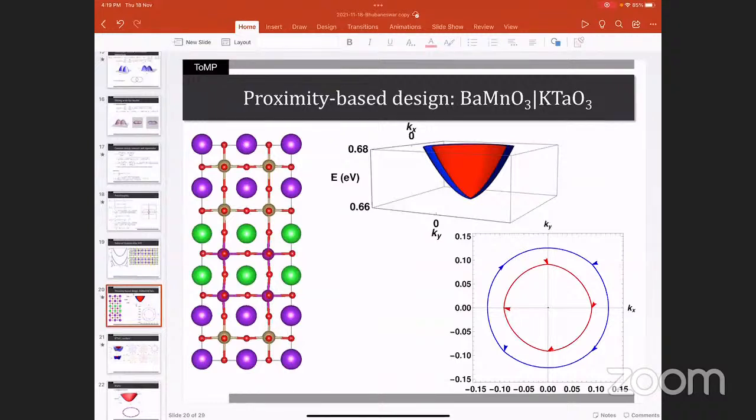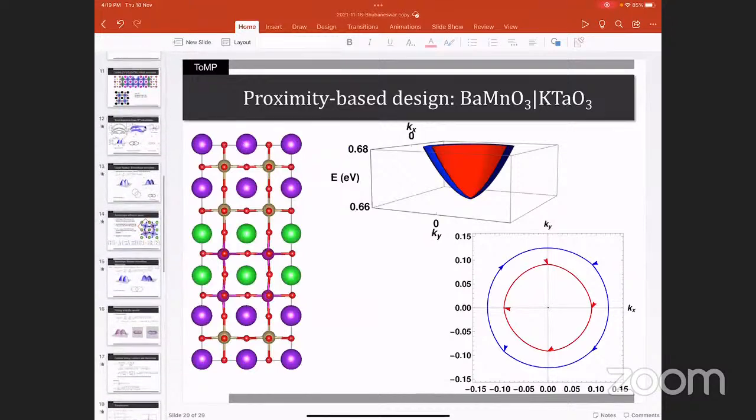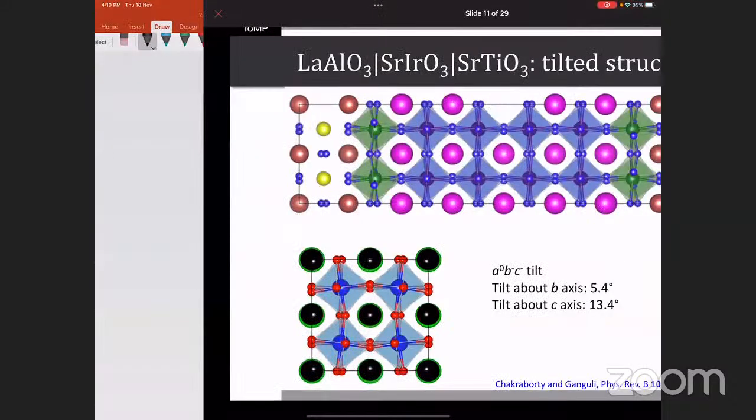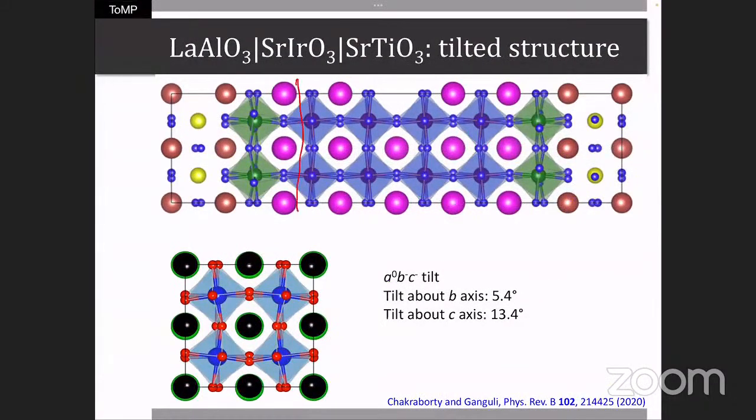The thickness. So here, let me first go to the thickness in this case. Here we have the strontium titanate part. That's quite thick. This part is strontium titanate, which is supposed to act as a substrate in a real material. Here for simulation, we have simulated it like this. And then the strontium iridate part is only 1 unit cell.